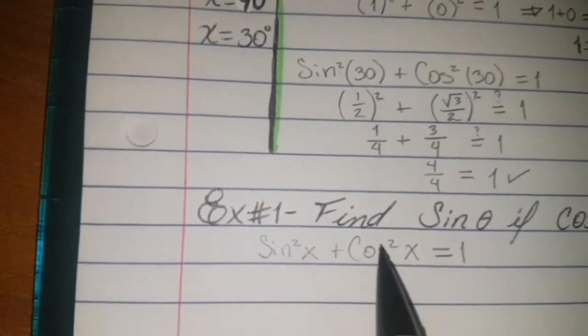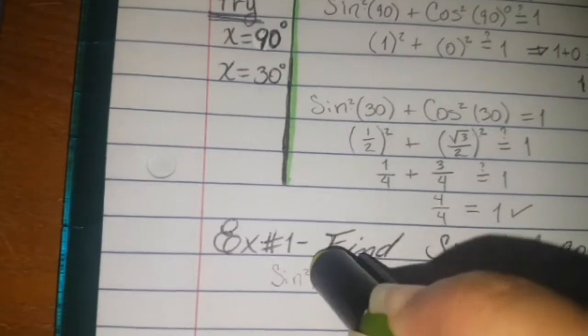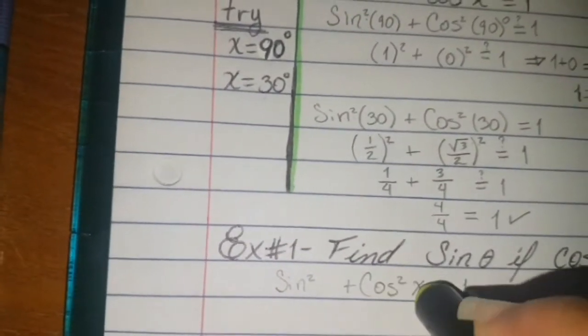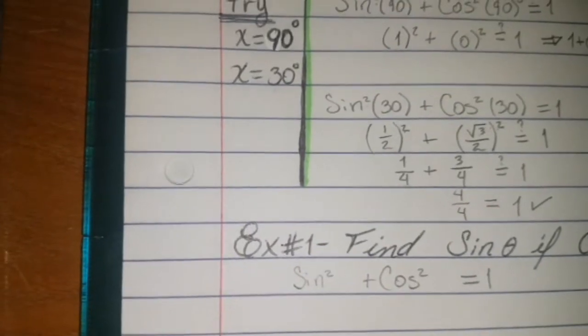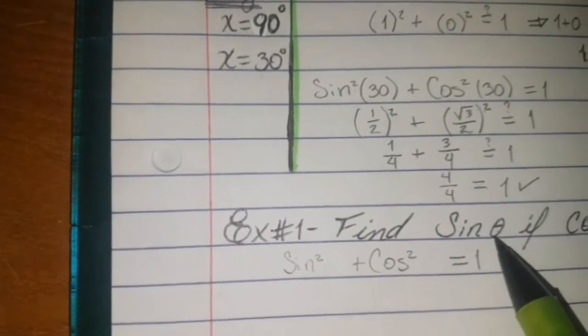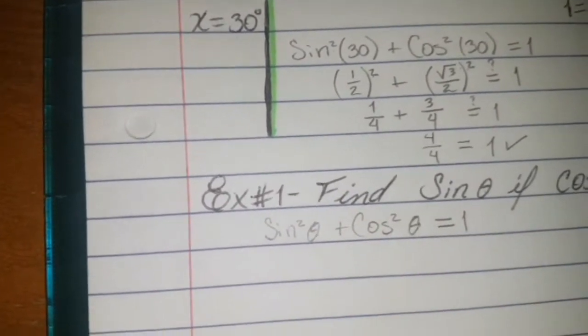I've been writing x, but the statement is using theta, so let's change that so you don't get confused. It's a variable. We can use a variable and exchange it for any given angle.